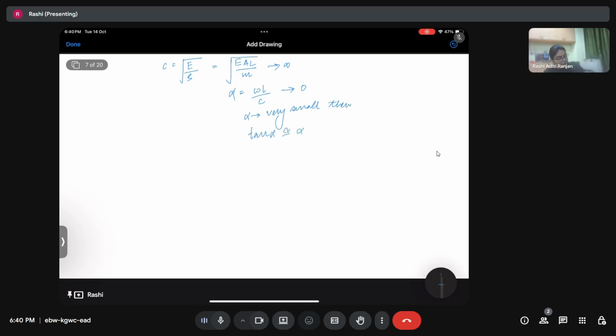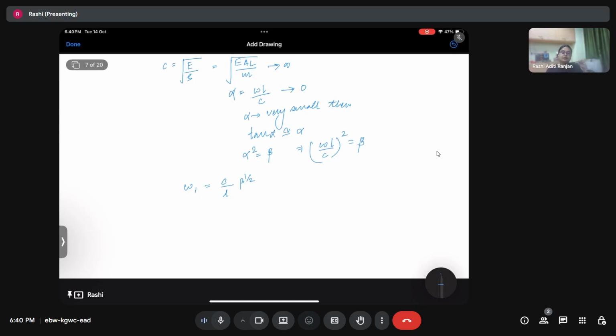So from that expression, we get alpha square is equal to beta. This implies omega L by C square is equal to beta, right? So omega 1 is going to be nothing but C by L into beta to the power 1 by 2.